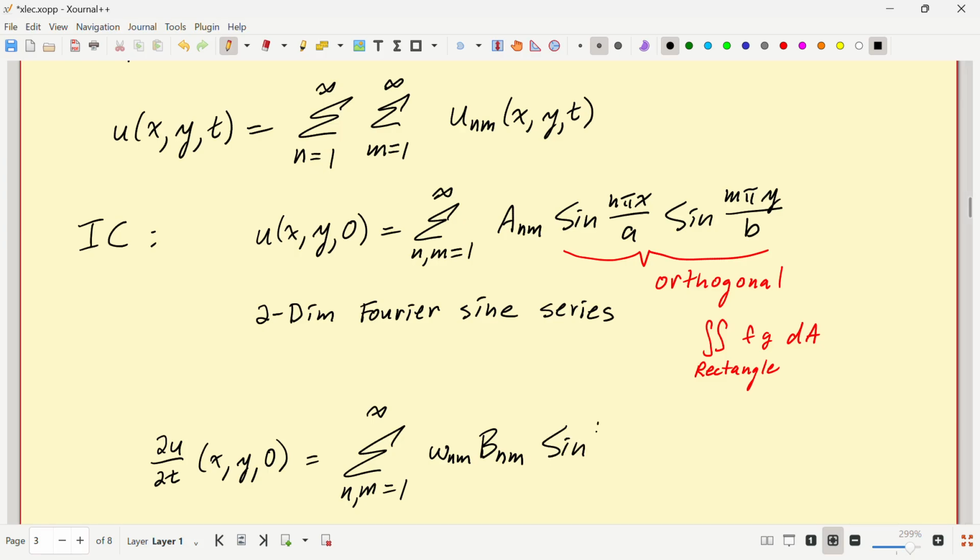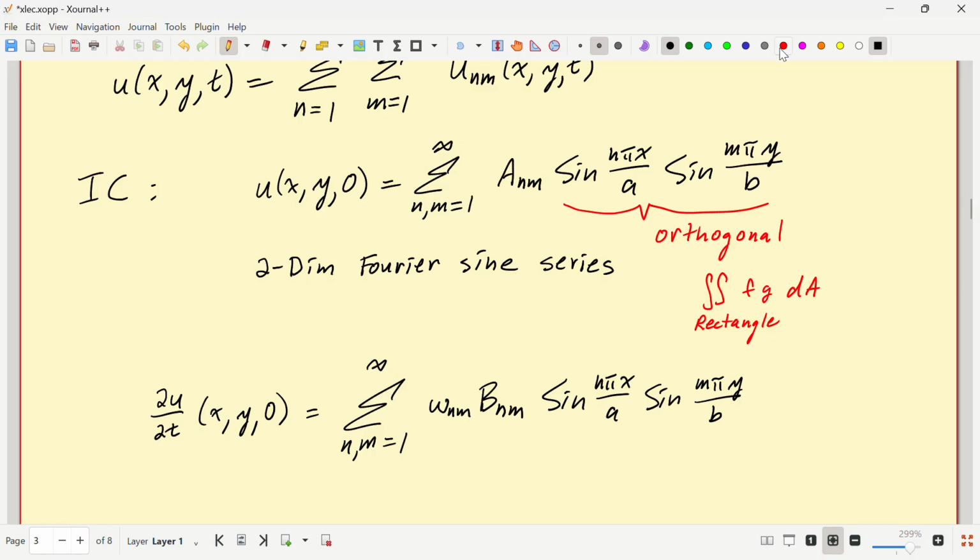Sine n pi x over a times sine m pi y over b. It's plus, because that was a sine. You differentiate sine, you get cosine. And so these are going to be determined.